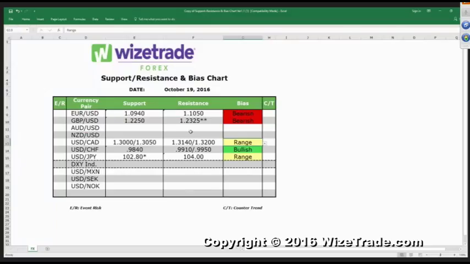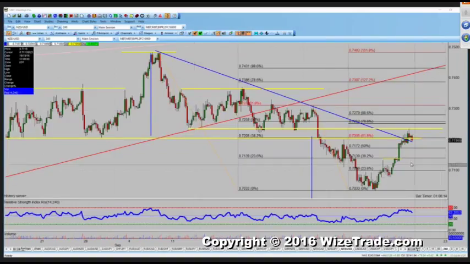So resistance today, 72.30. Okay. Support, 71.40 again will be support.